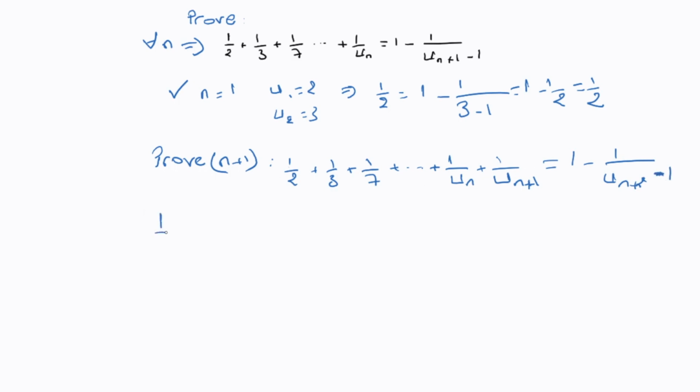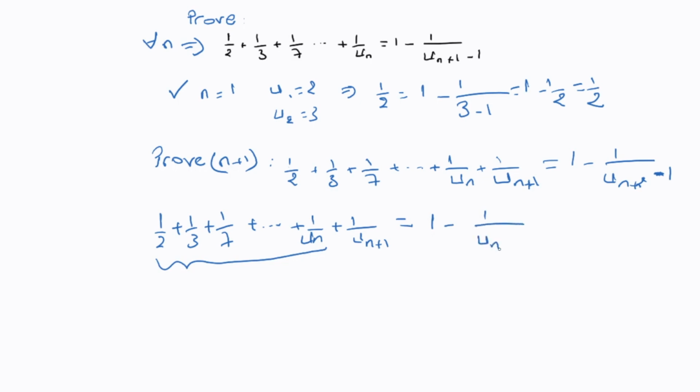So 1 divided by 2 plus 1 divided by 3 plus 1 divided by 7 plus 1 divided by UN plus 1 divided by U(n plus 1) is equal to 1 minus 1 divided by U(n plus 1) minus 1 plus 1 divided by U(n plus 1). Okay, so we just replace the first equation, which is correct for n in here, and we add the 1 divided by U(n plus 1).